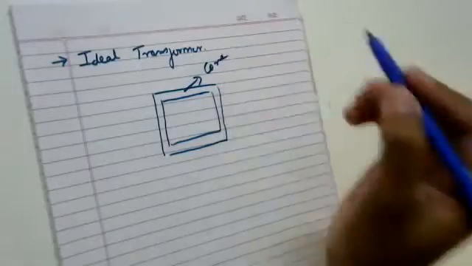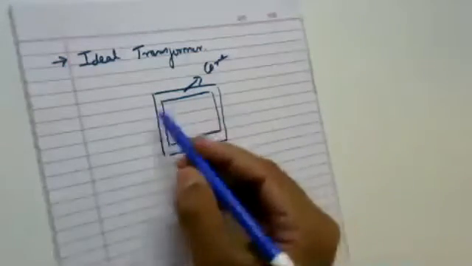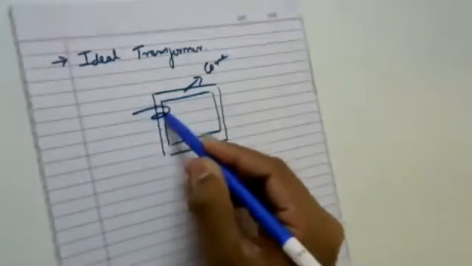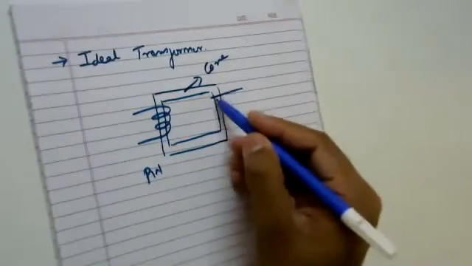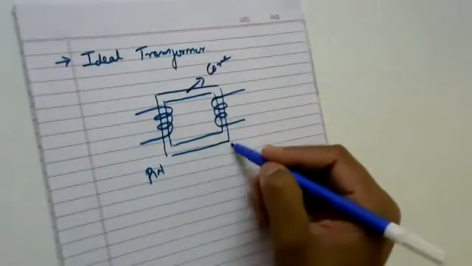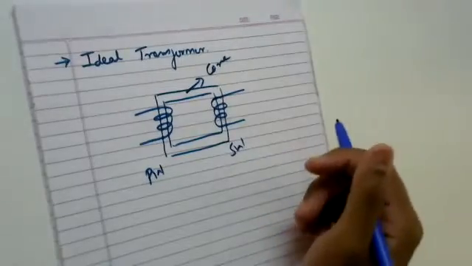The other is the windings. On this core, we have a primary winding, and we have one more winding, which we call the secondary winding.